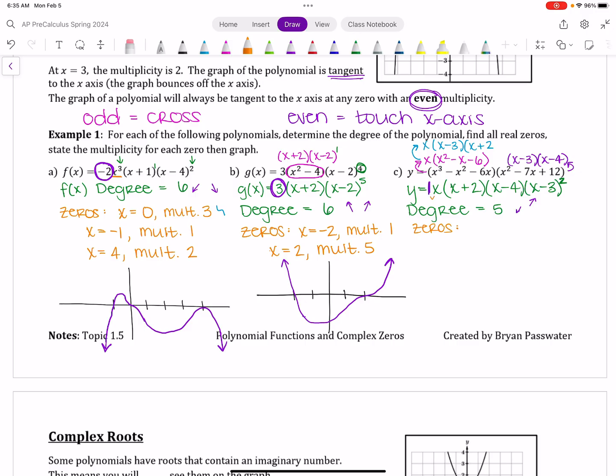Our first zero will be at 0, with a multiplicity of 1. And we have quite a few zeros with a multiplicity of 1, so we'll list them all together. We have 0, -2, and 4. And then our last zero is at x equals 3, and that has a multiplicity of 2.